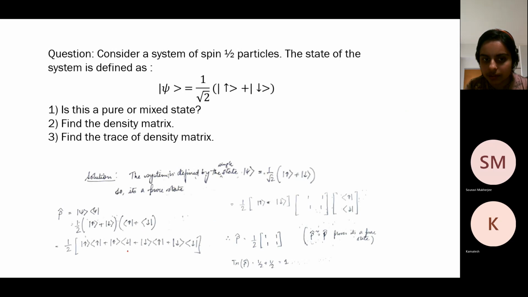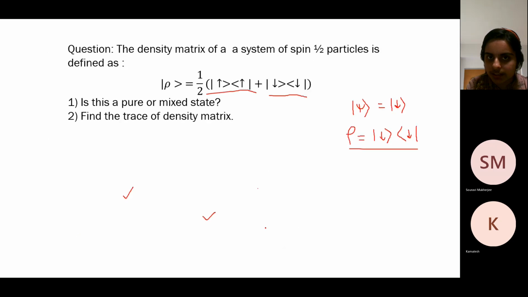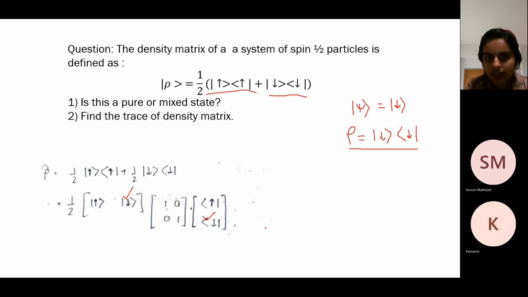What does the coefficient of this term tell you? It tells you the probability that it can change from a down state to an up state or from an up state to a down state, right? Now in this case, you know that your system is in the down state. So you have only this term, which includes only the outer product of the down states.